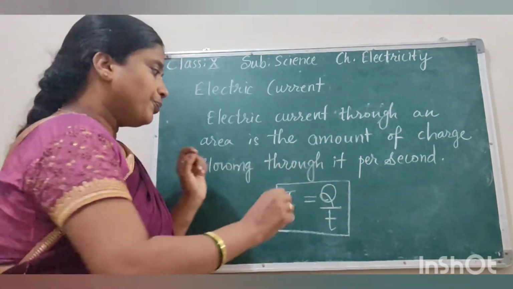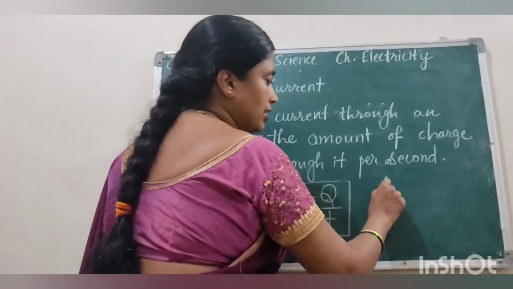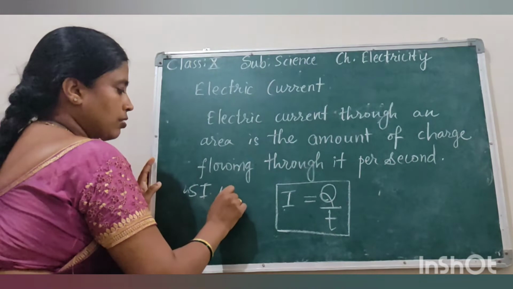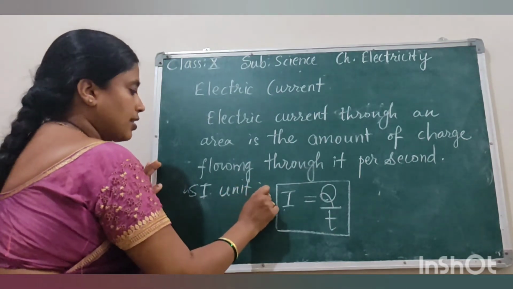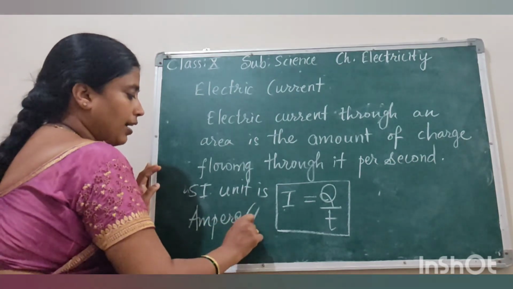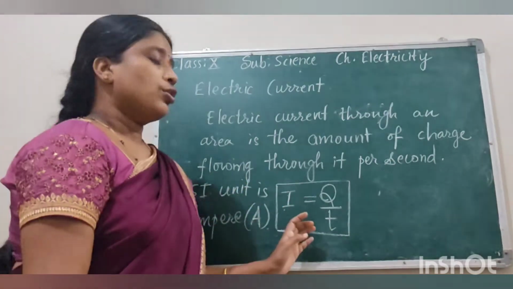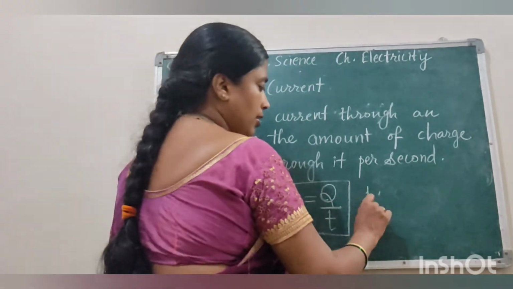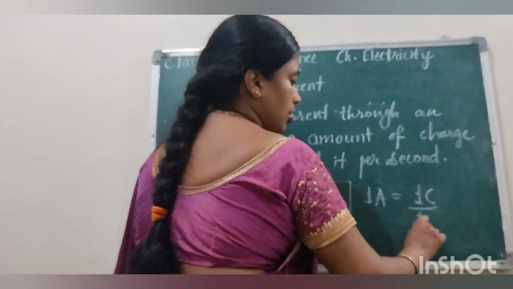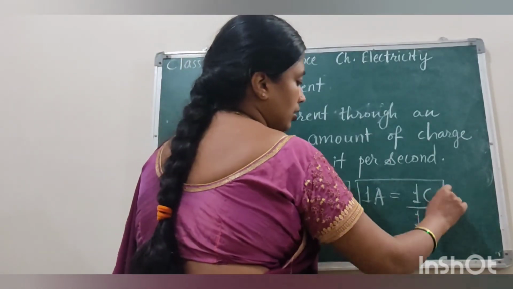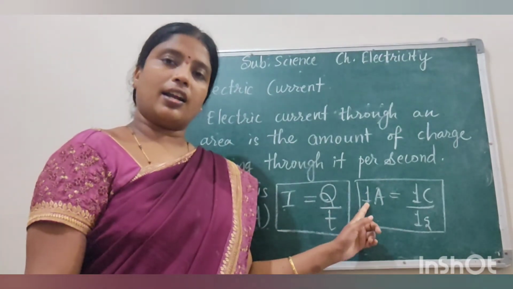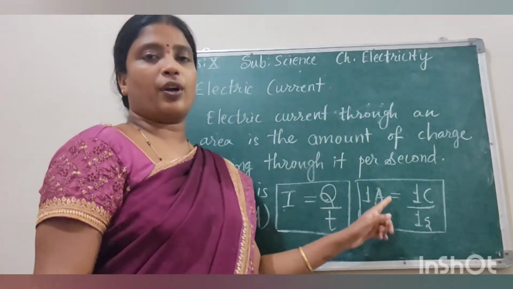Okay. Now, SI unit of current is ampere, which is also denoted by capital A. So 1 ampere can be defined as, if 1 coulomb of charge moves through a wire in 1 second, then it will constitute the current as 1 ampere of current.